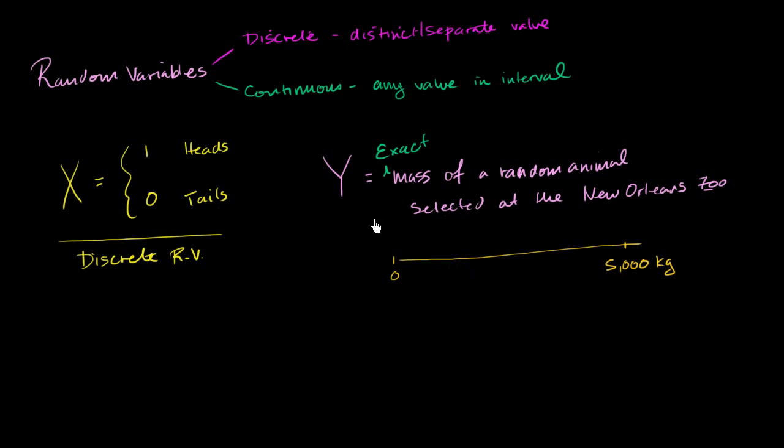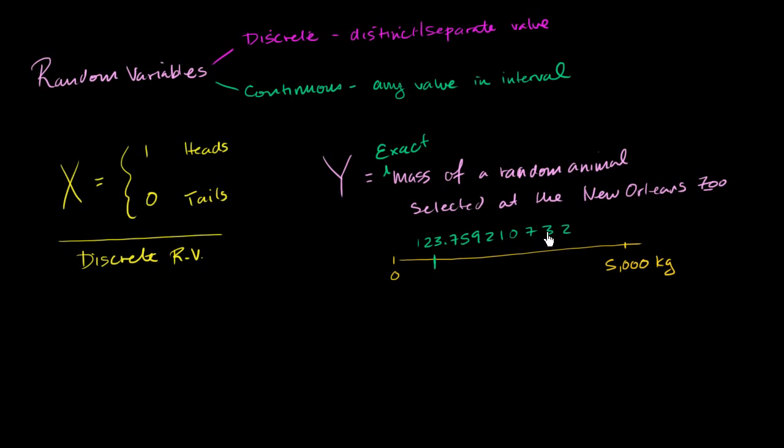But any animal could have a mass anywhere in between here. It does not take on discrete values. You could have an animal that is exactly maybe 123.75921 kilograms. And even there, that might not be the exact mass. You might have to get even more precise, 10732.